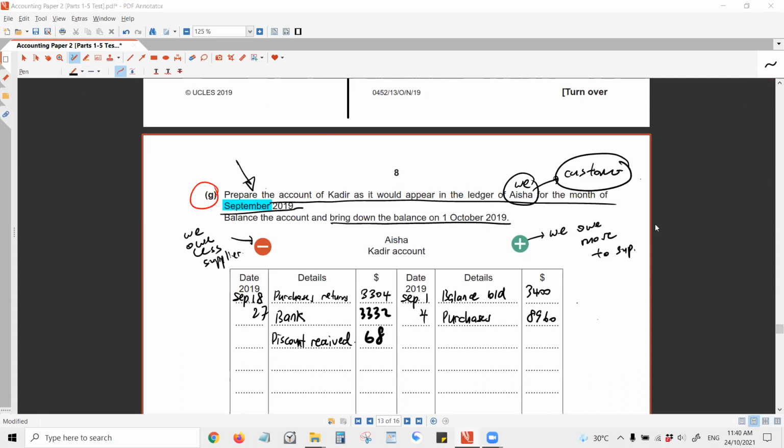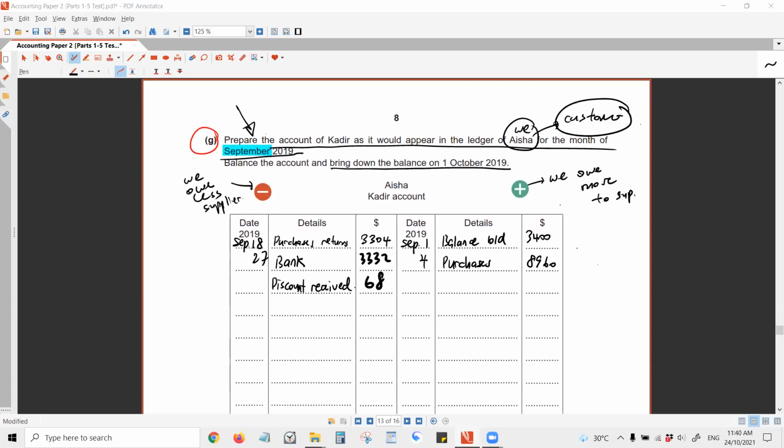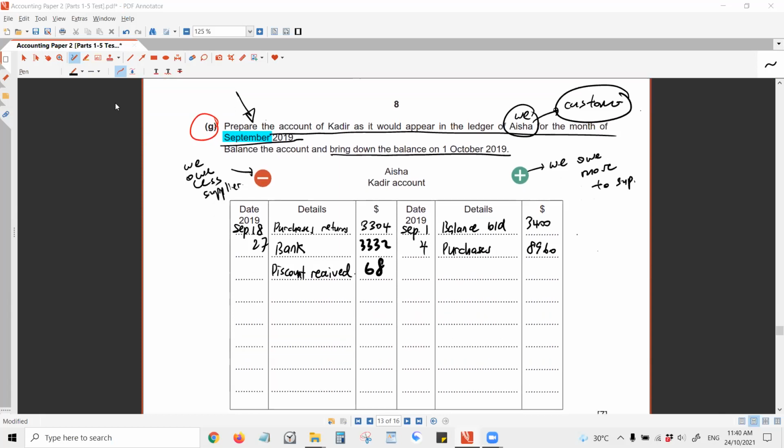Okay, everyone, look at the transactions that you should record. Don't miss out anything. You are recording everything that happened in September. Now balance it off, then you are done. Something easy. Balancing to see how much we still owe to Cardeal.